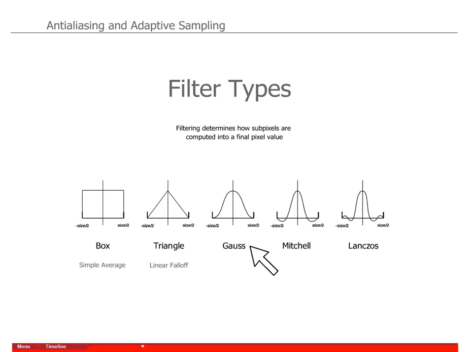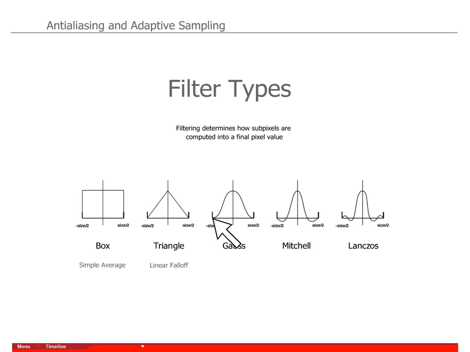Gauss is a little bit different here. Gauss requires a minimum of 3, so the actual pixel coverage here is going to be 3 times 2, so 1.5 pixels on one side and 1.5 pixels on the other side. It means that it's really going to go over the neighbor pixel by 1.